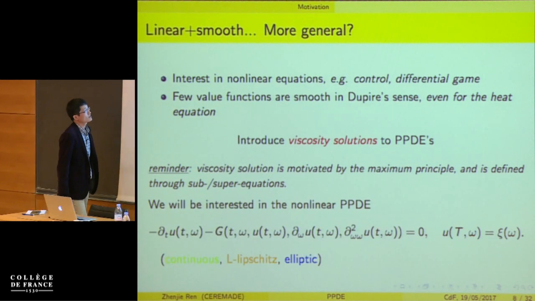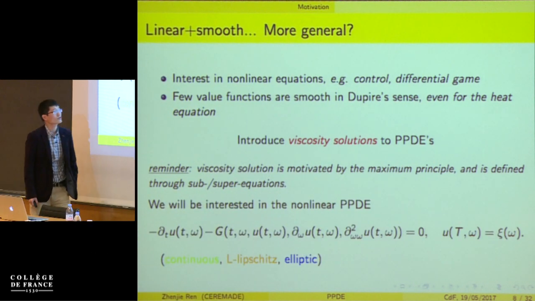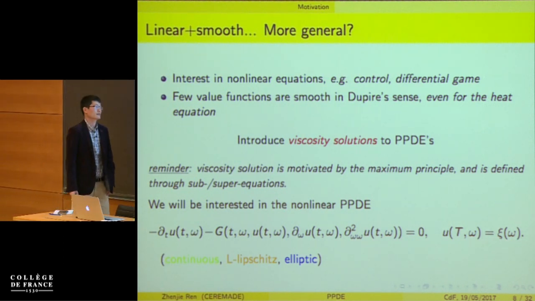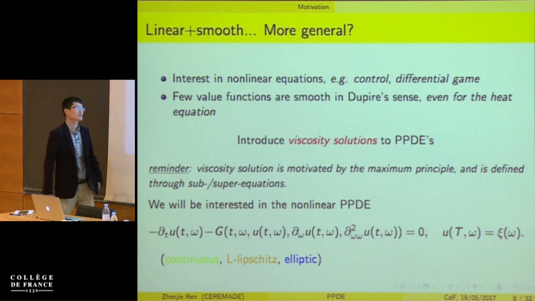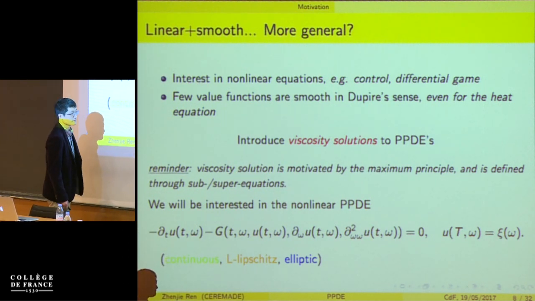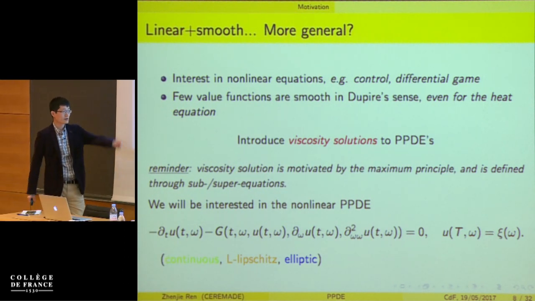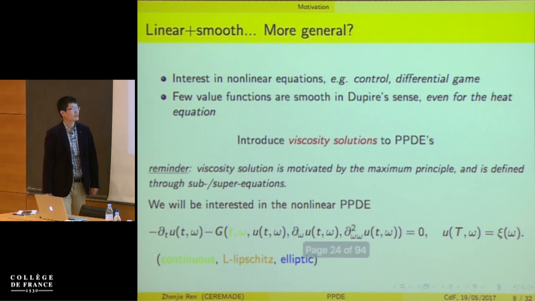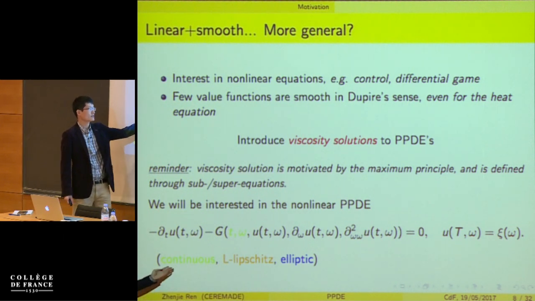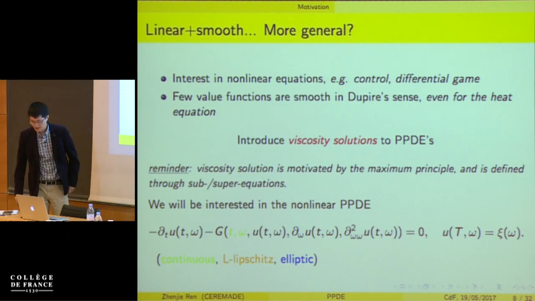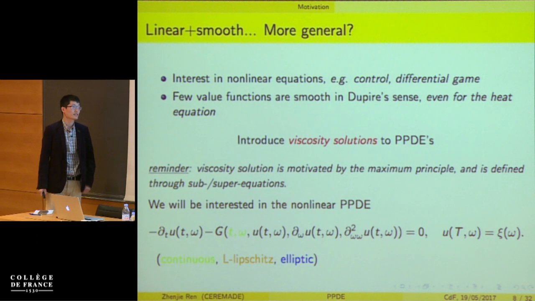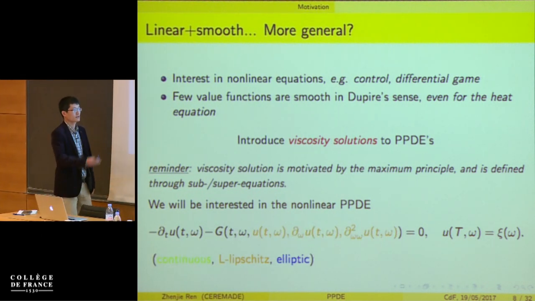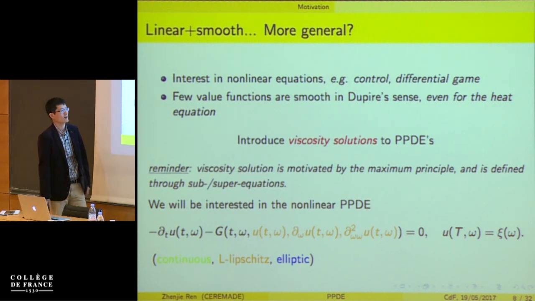Throughout this talk, we will be interested in such a nonlinear path-dependent PDE. It's a parabolic PDE with a generator capital G with terminal conditions. We will assume that G is continuous with respect to the variable (t, omega), and it is Lipschitz with respect to the rest of the arguments.